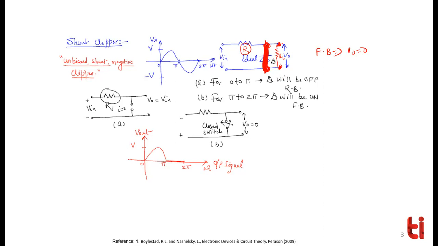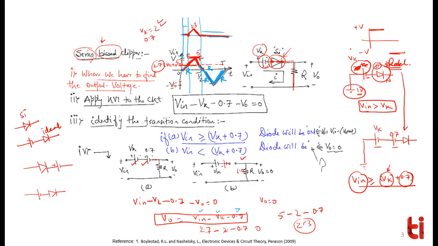This line becomes a short. It is completely a metal line. There is no element here which can cause a voltage drop, since this is a direct line. So the output V0 becomes 0 in this case. This is the only difference between the shunt clipper and the series clipper.